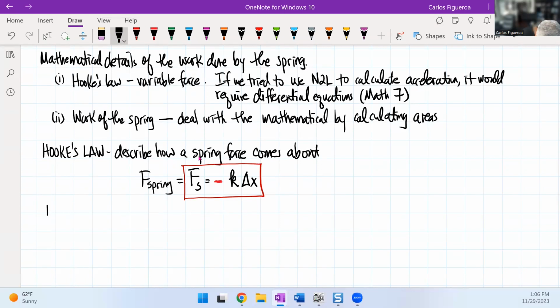So we have to deal with these two terms of the force. The first one we need to deal with is what is called the spring constant.